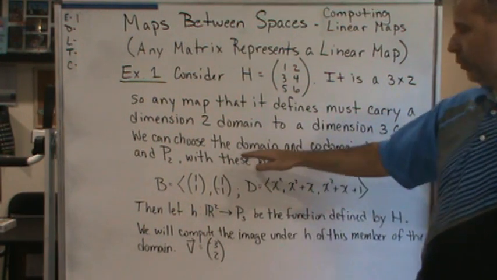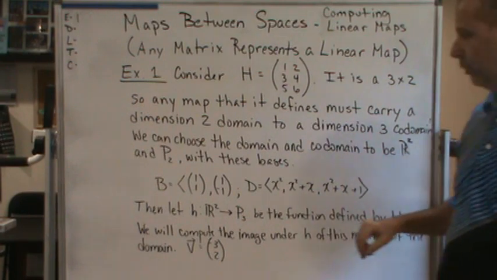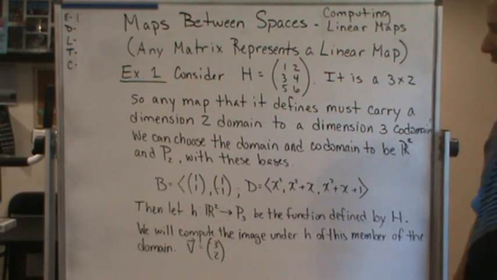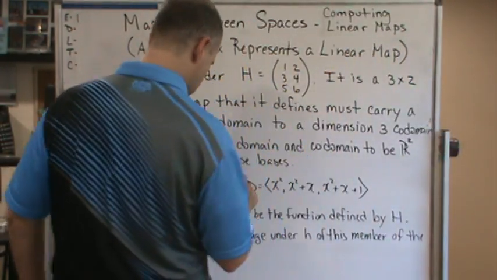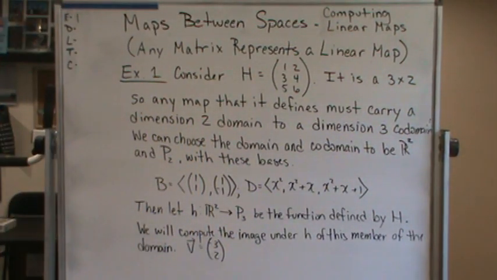We could choose how we want to do that. In this case, we could choose the domain to be R2 and the codomain to be P2. And we could use these bases to do it.